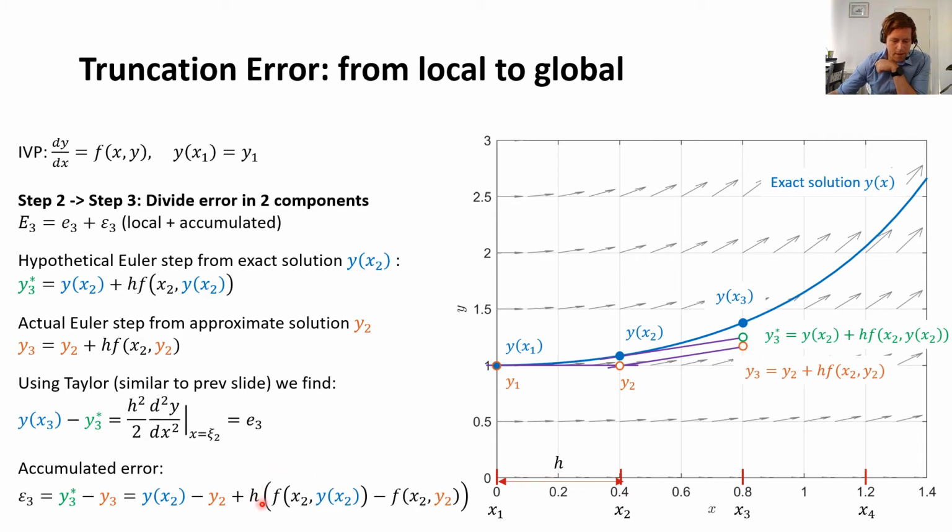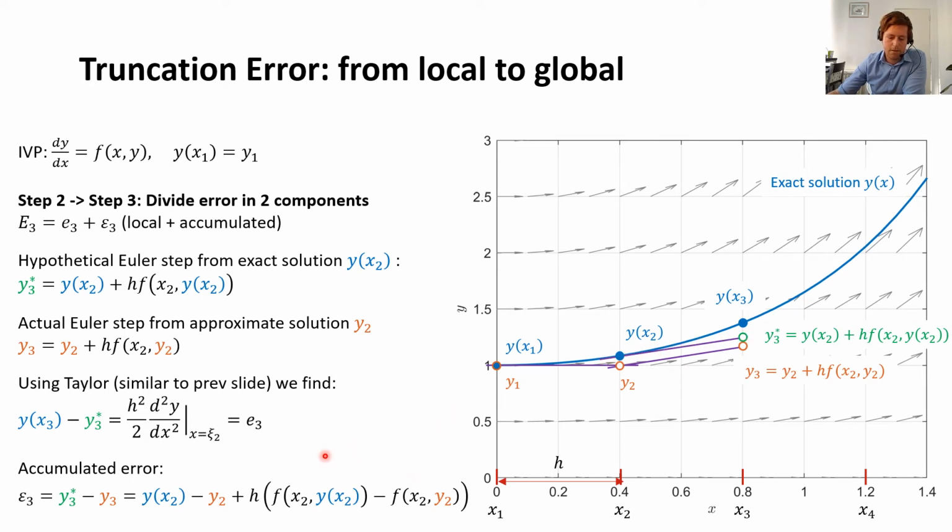But also we have this second contribution over here, which kind of quantifies that the slope of these purple curves that we're drawing over here might also be different, because if f is a function of y as well, then the actual slope that we're drawing from our numerical solution might not be exactly equal to the exact slope of the exact solution.